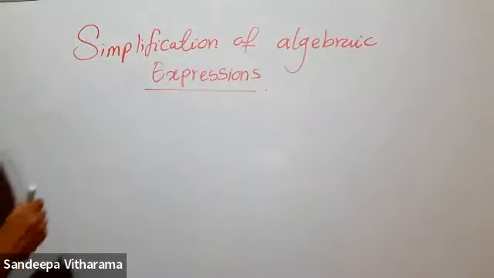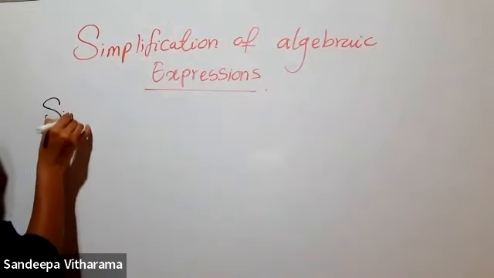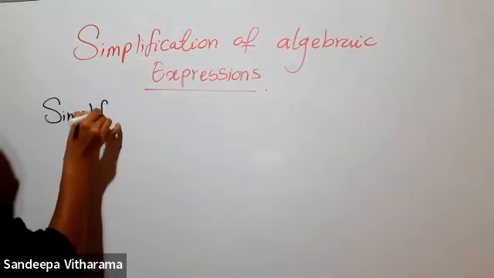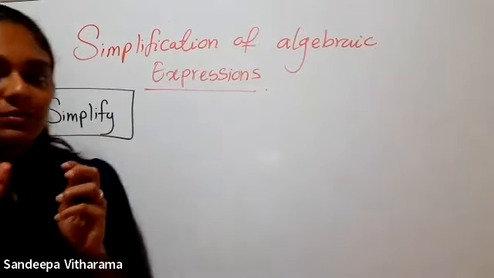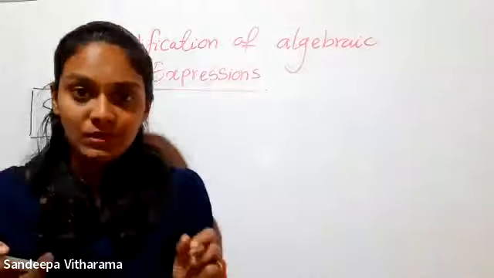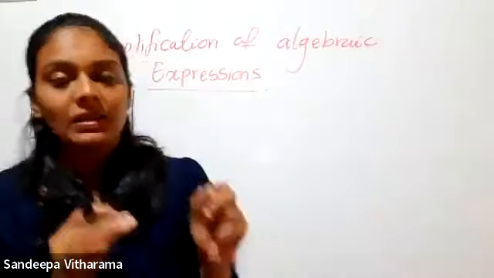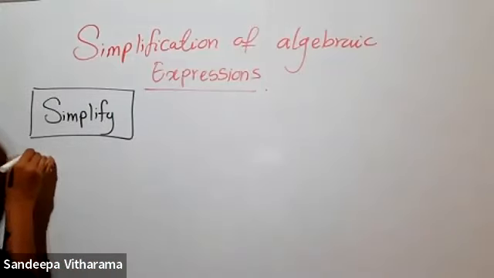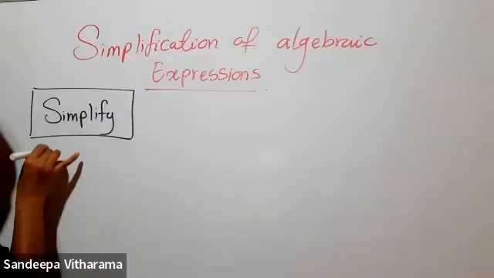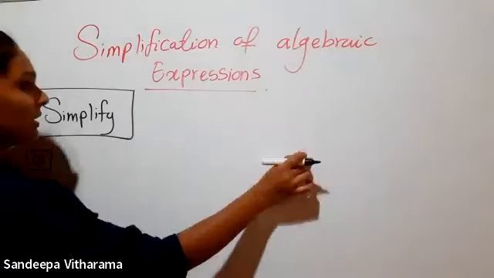Okay. Simplification of algebraic expressions. Take a look here: when you are given simplify, this word is very important. Simplify means you have to express the expression in its simplest form. Now you may think that I heard this in the previous question also, where someone says y plus y plus y.